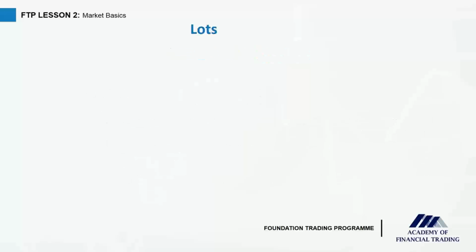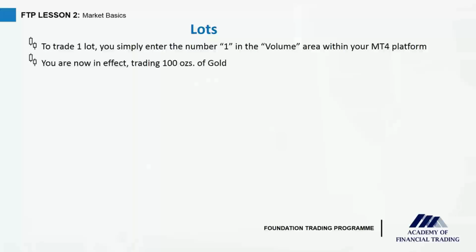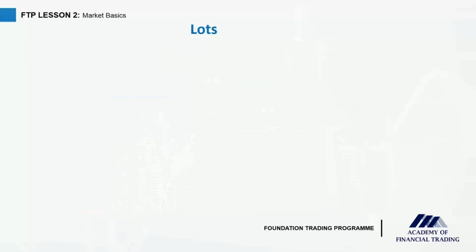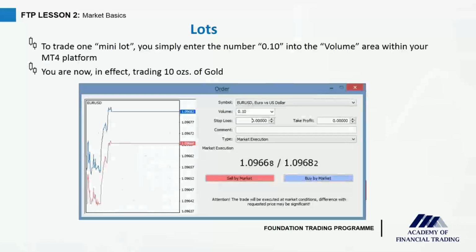It's very easy to change the lot size within the trading platform itself, and again we'll be taking you through this throughout lesson number 7. You simply change the number in that volume box when you're placing the order. If you put that number 1 in, you're trading 100 ounces. If you put 0.1 in, you're trading 10 ounces.